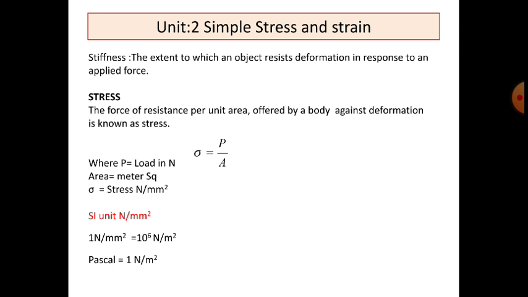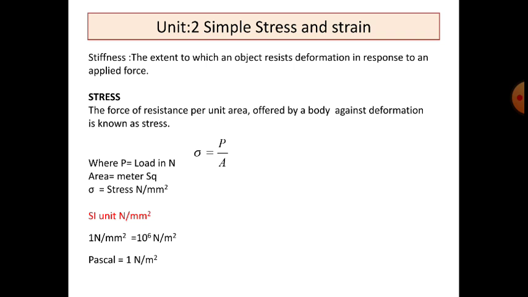For unit area, not for any amount of area, whatever force is applied by the internal body to resist the external forces is called stress. In definition terms, it is the force of resistance per unit area offered by the body against deformation that is called stress.